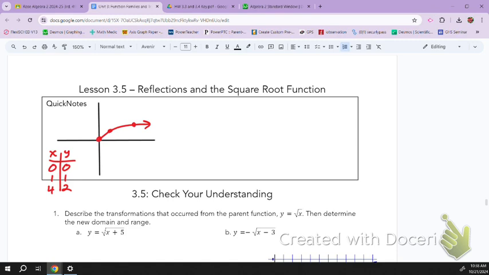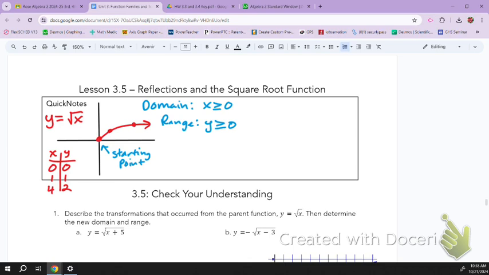When I'm talking about the parent graph, y equals the square root of x, this lowest point is our starting location, or our starting point. You'll notice it determines your domain and range, especially when you're just shifting left, right, up, and down. So I can describe the domain for this function as x is greater than or equal to 0, and the range as y is greater than or equal to 0. And that's our parent graph.